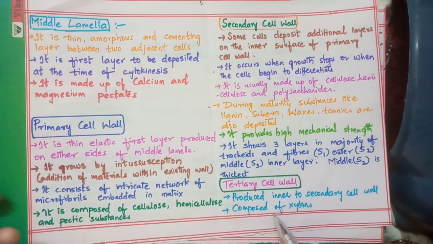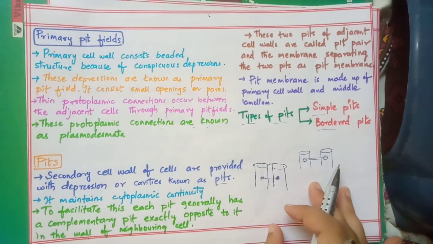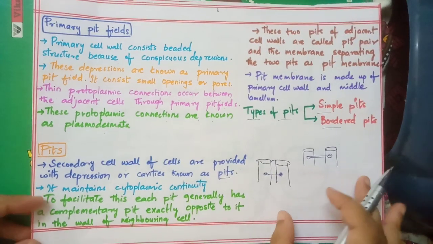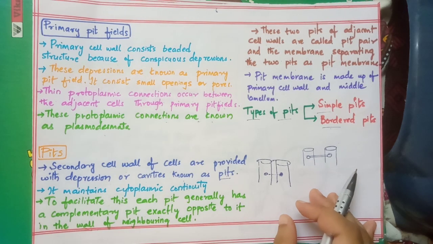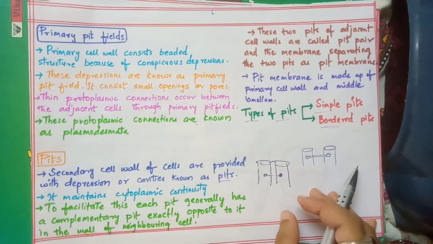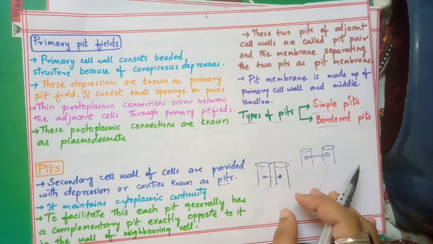It is composed of xylans. Then the next topic is primary pit fields. Here the plant cells which are adjacent to each other are connected with each other and communicate through certain connections.